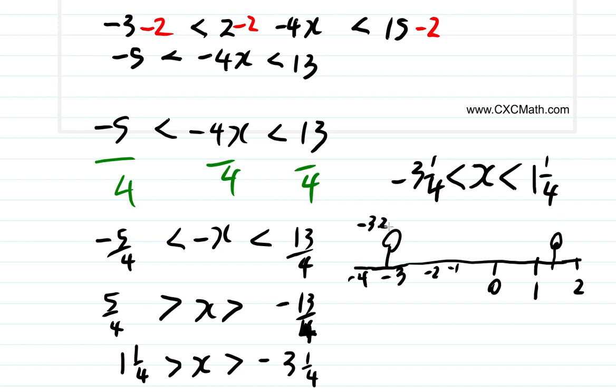Negative 3.25 is here and 1.25 is here. So the values of x take place between this and this. So the values of x are negative 3, negative 2, negative 1, 0 and 1. Alright, negative 3, negative 2, negative 1, 0 and 1. Let's look here.